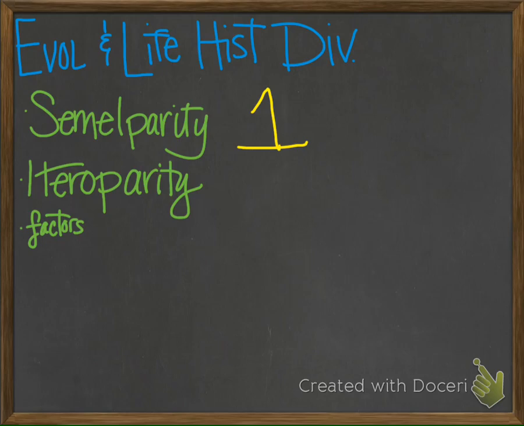And then iteroparity is repeated reproduction. You have relatively few but large offspring each time, but then you get multiple reproduction opportunities.